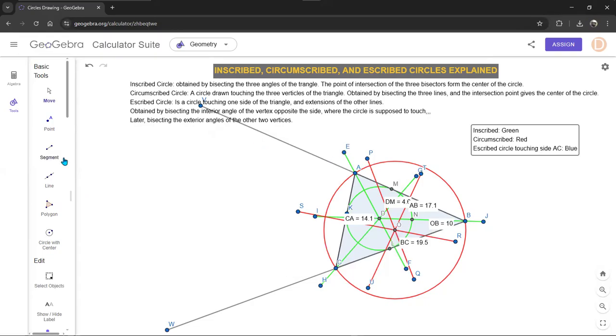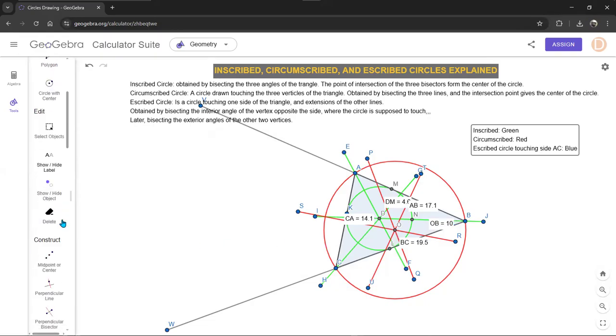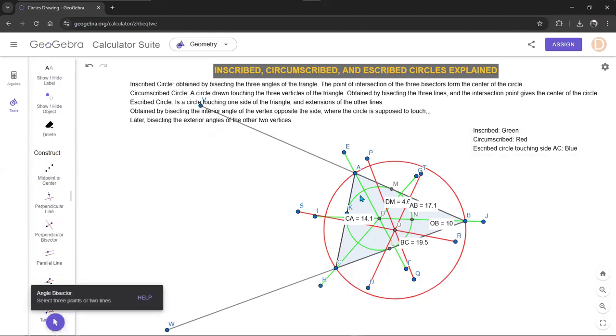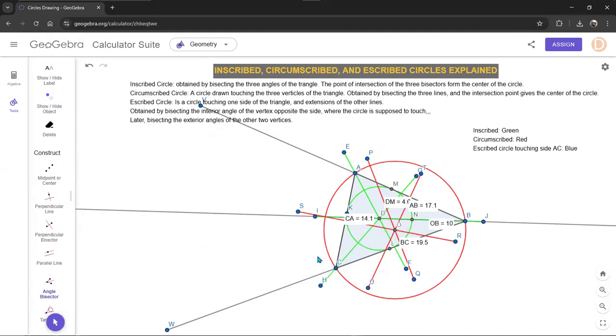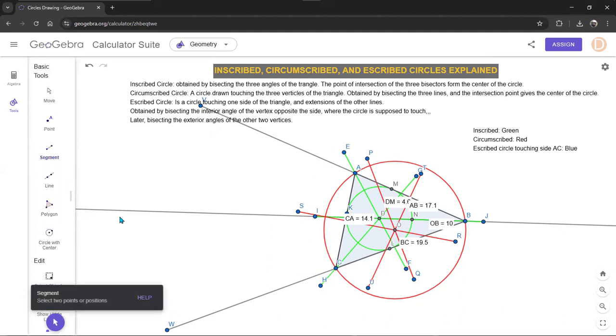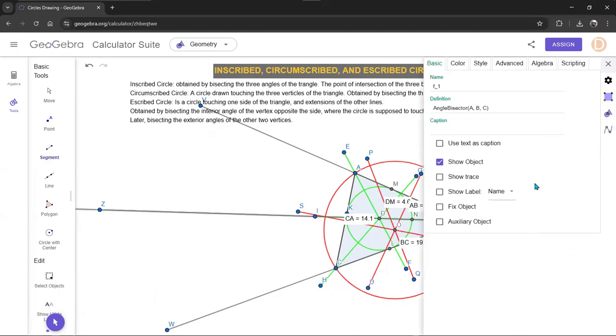So now let's start with bisecting the interior angle at the opposite vertex, which is B. The same way we did in the first part, we just need to bisect the angle. So it's angle ABC. We already now have this one. And now, since I want it to be a little bit short, we just shorten it so that it is easier to see.